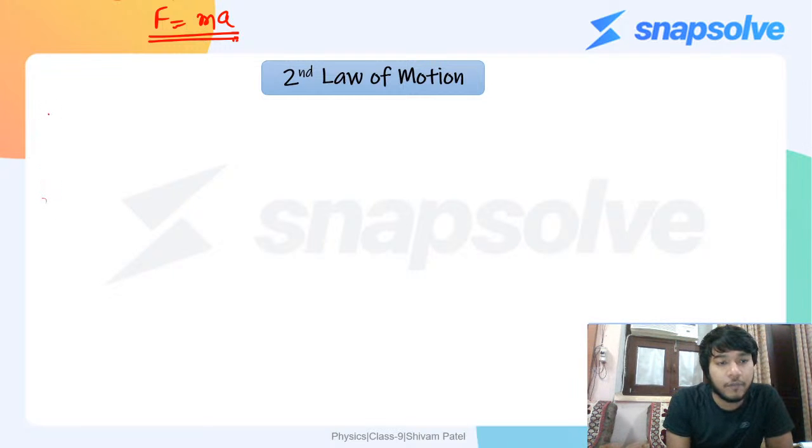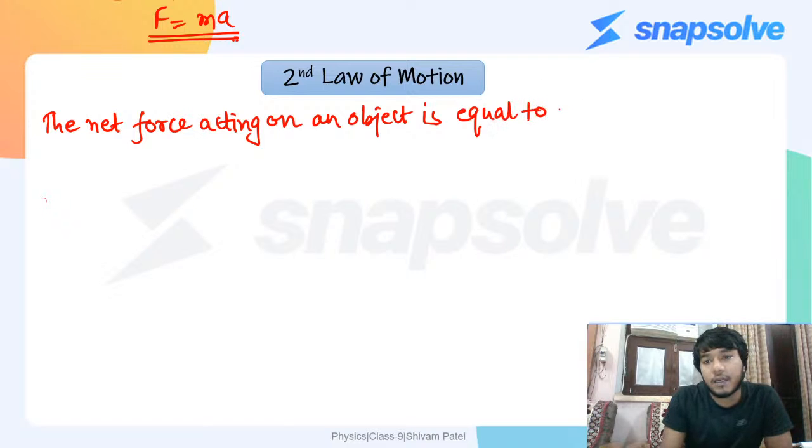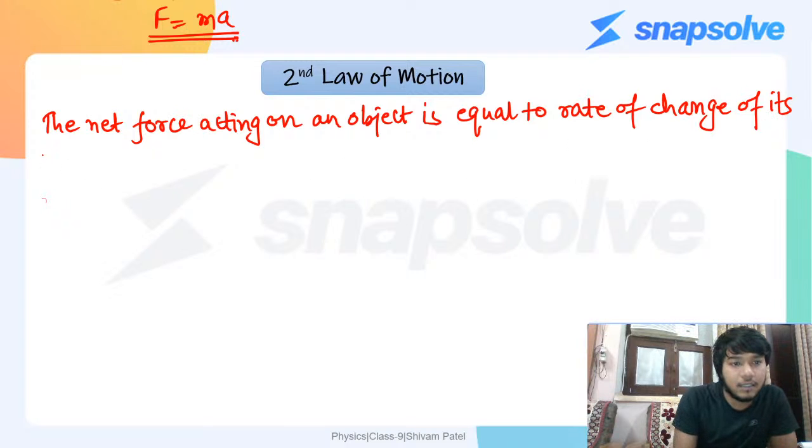According to second law of motion, the net force acting on an object is equal to rate of change of its momentum. Clear? Very simple statement, right?